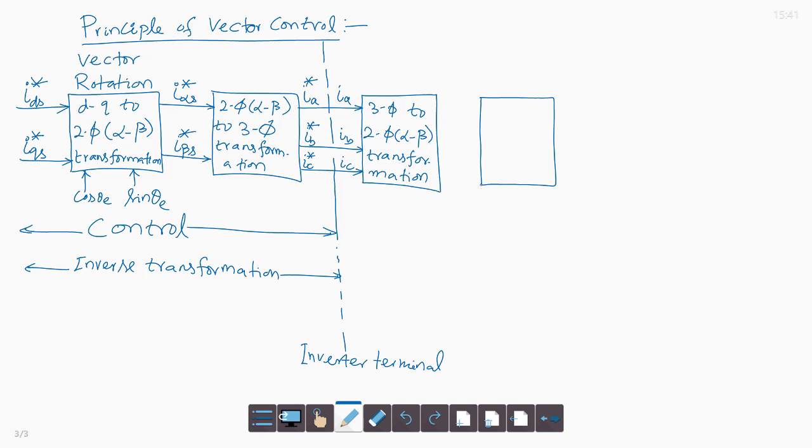After this, it gives I alpha S and I beta S, and then the alpha beta to dq transformation occurs.